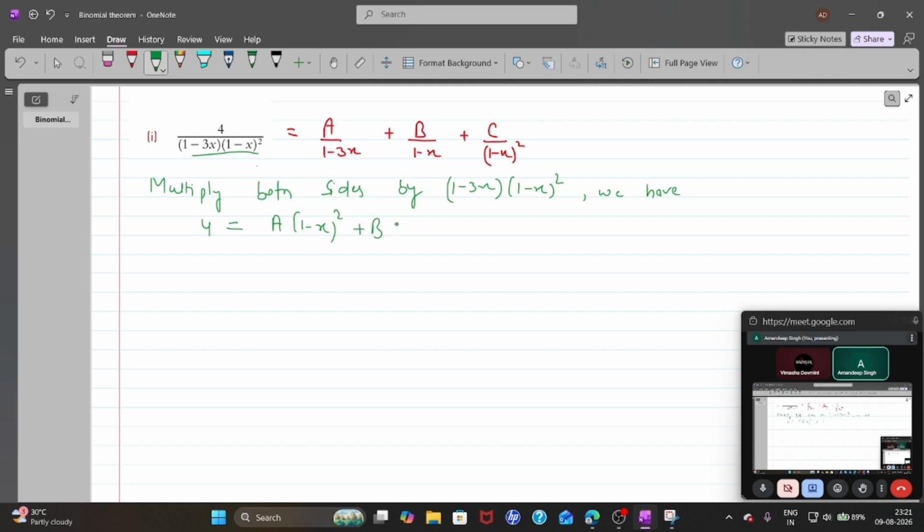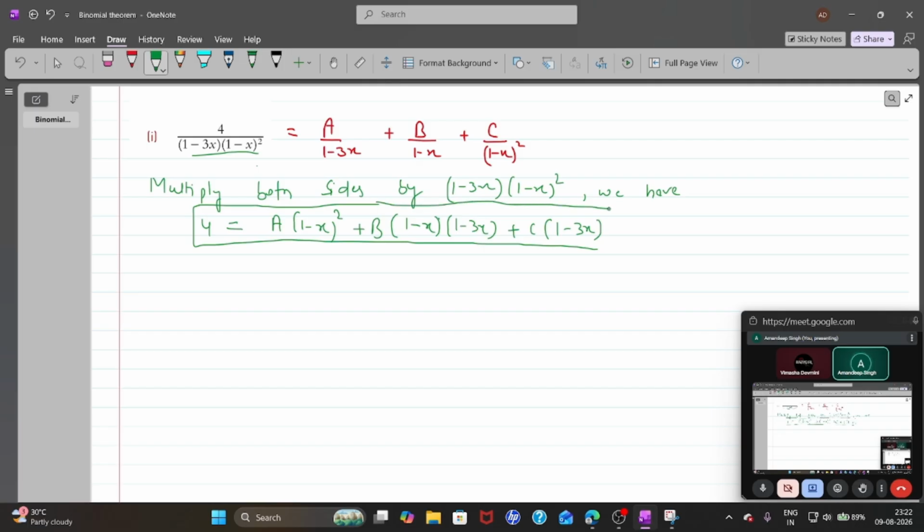And with b, I will write 1 minus x and 1 minus 3x, because one of the 1 minus x factors will get cancelled. And with c, I will write 1 minus 3x. I hope this is clear to you. Criteria is exactly the same as the previous question. Only this thing was different.